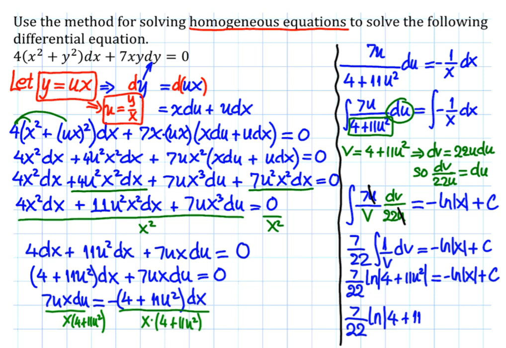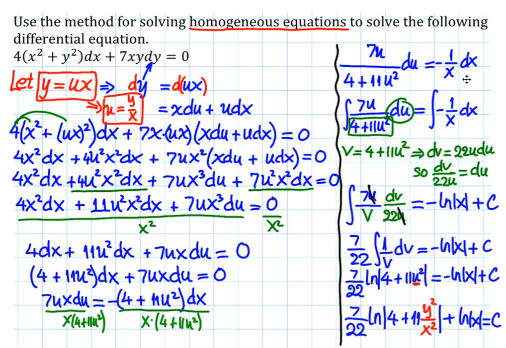So we substitute here, instead of u squared, we're going to have y squared over x squared. And I will add ln of x on both sides, so that's plus ln of the absolute value of x equal to a constant c. So that's what we have for this problem.